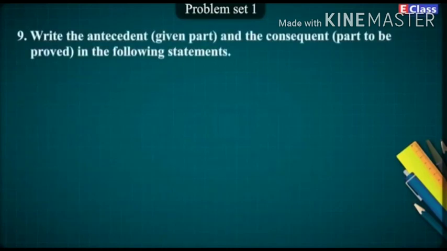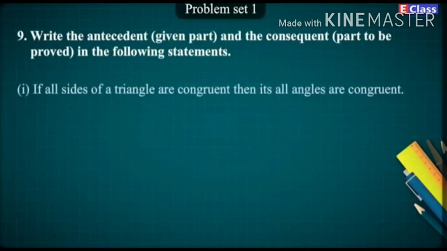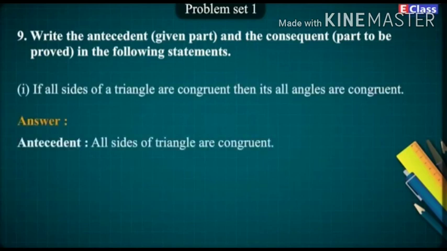9. Write the antecedent, that is, the given part, and the consequent, that is, the part to be proved, in the following statements. 1. If all sides of a triangle are congruent, then all its angles are congruent. Answer. Antecedent. All sides of a triangle are congruent. Consequent.